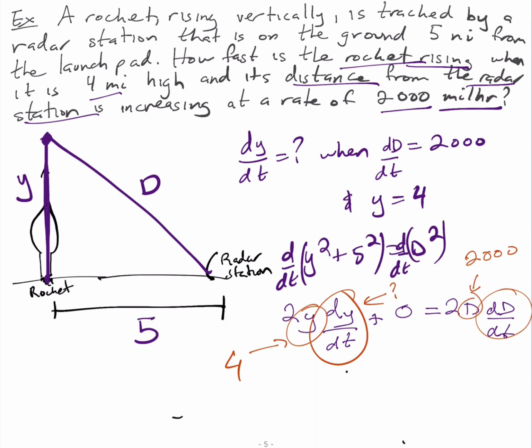Okay, 2,000. And then we need to find D. What is D? Square root of 5 squared plus 4 squared. Okay, so dy over dt is equal to, so the 2's cancel, right?